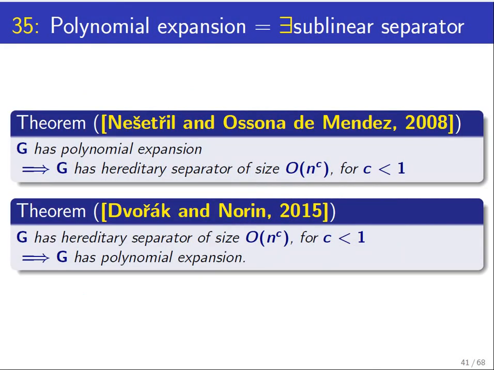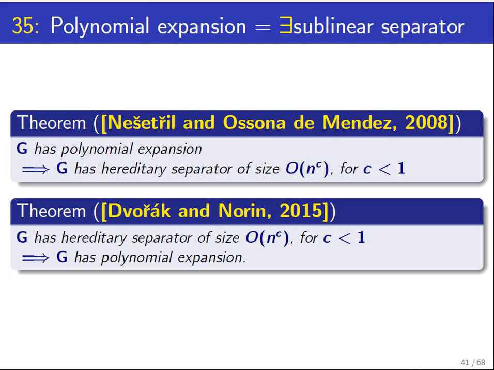Okay, another interesting property of those graphs is that if a graph has polynomial expansion, then it has a hereditary sublinear separator.